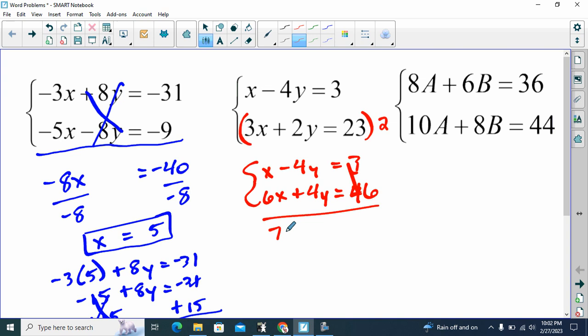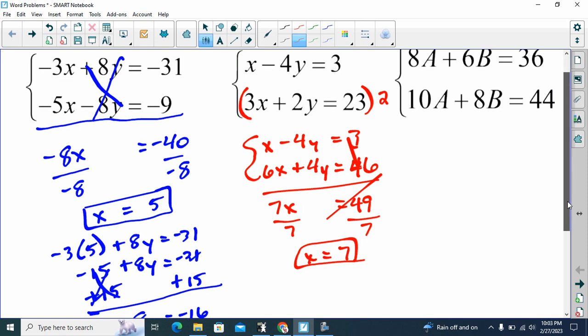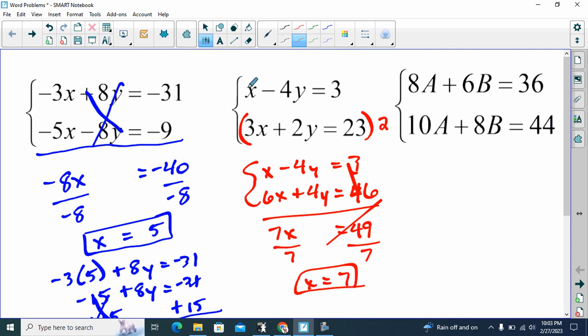I get 7x equals 49. Divide both sides by 7. This pen is going a little crazy here. x equals 7. Plug 7 in to get y. If I plug 7 in here, it says 7 minus 4y equals 3.